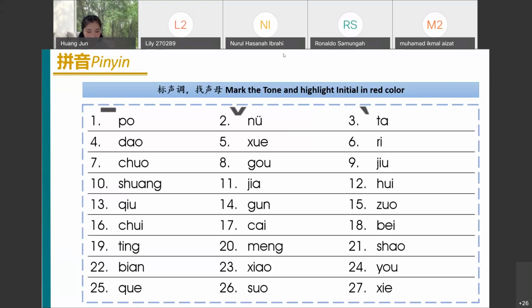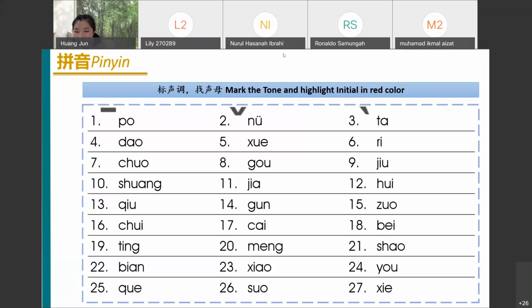For the first submission, the tone marks had 2 mistakes. Not bad. Actually, they did very well. The second submission also has a little bit of problem with the tone marks.